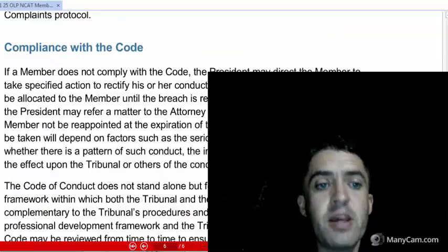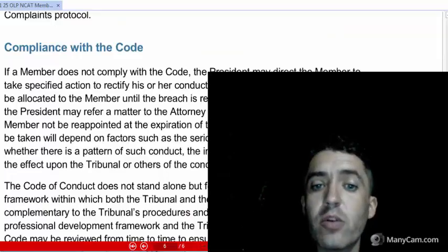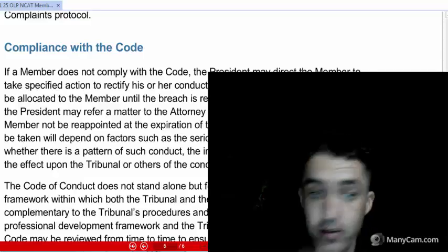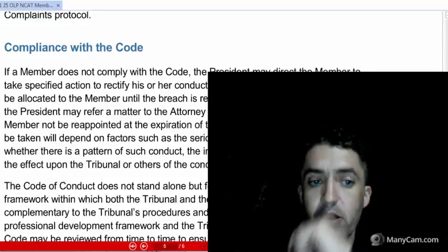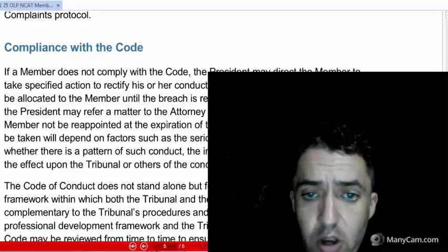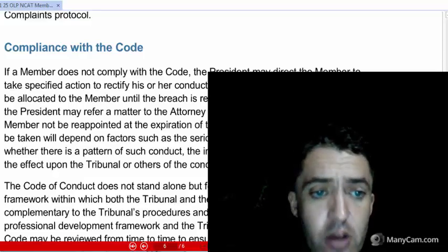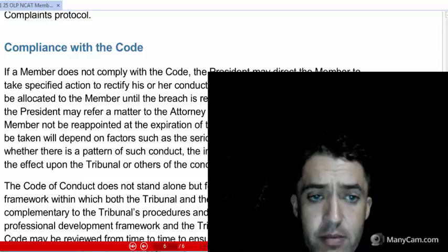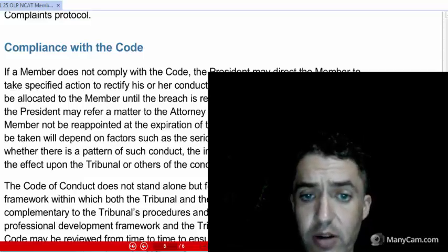Compliance with the Code. If a member does not comply with the Code, the President may direct the member to take specified action to rectify his or her conduct, or determine that further work not be allocated to the member until the breach is rectified.